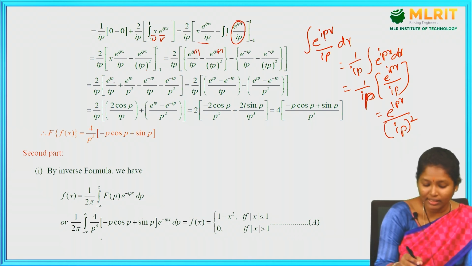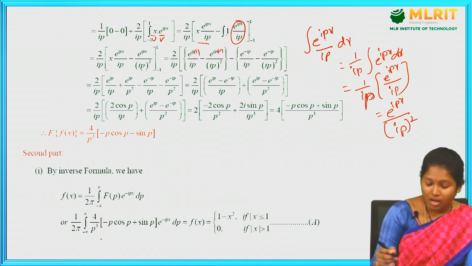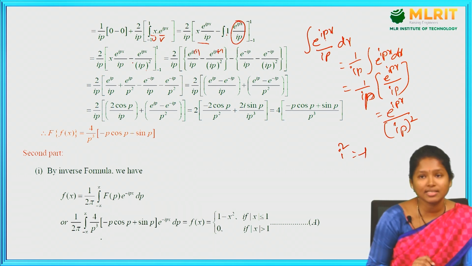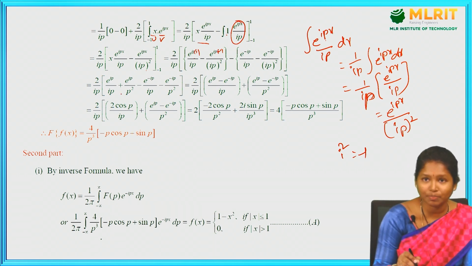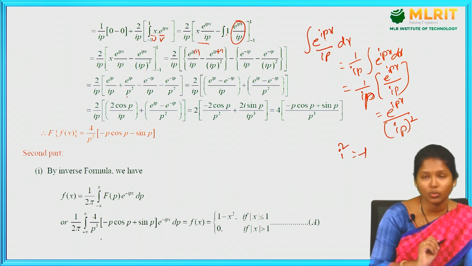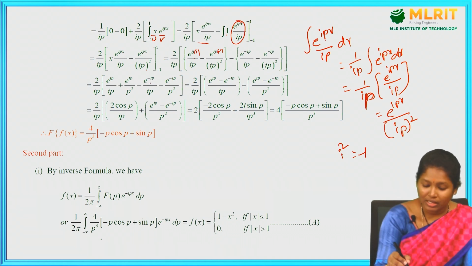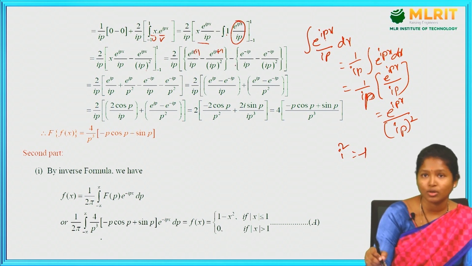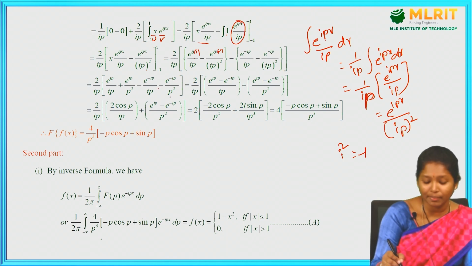So we get e power ip plus e power ip. The value of i squared is minus 1, so here minus into minus gives plus, and i squared is minus 1. So minus e power minus ip by ip, and here minus into minus gives plus, and next i squared is minus, so plus into minus, minus e power minus ip by p squared.